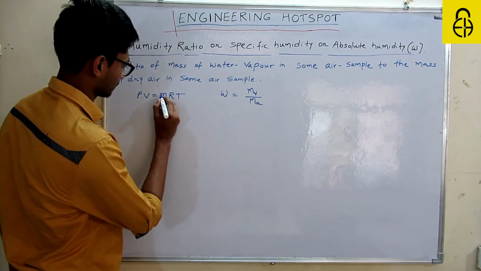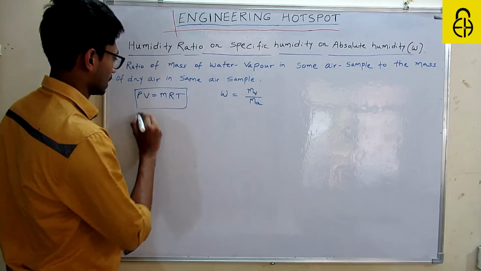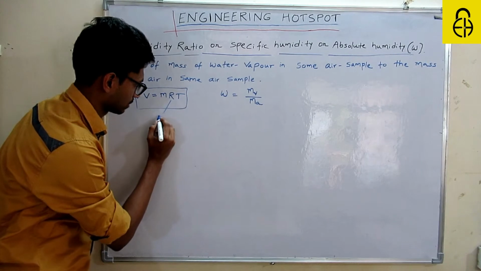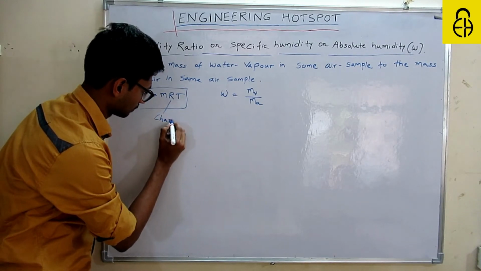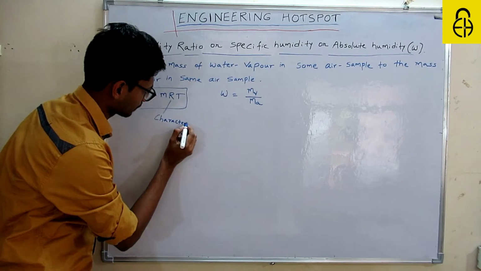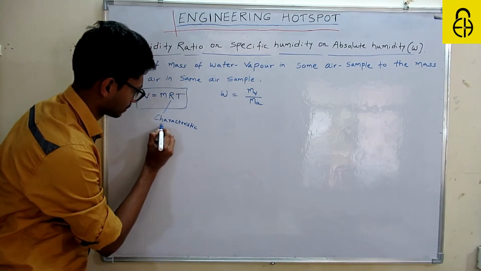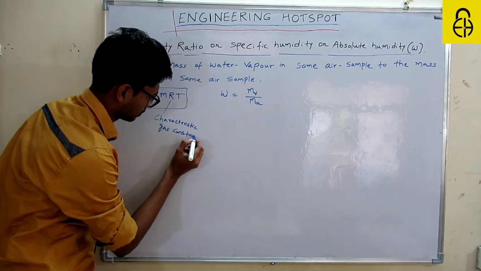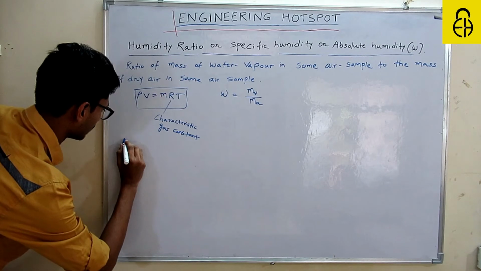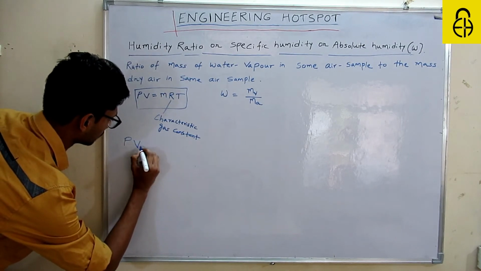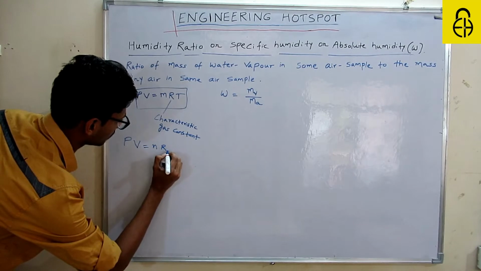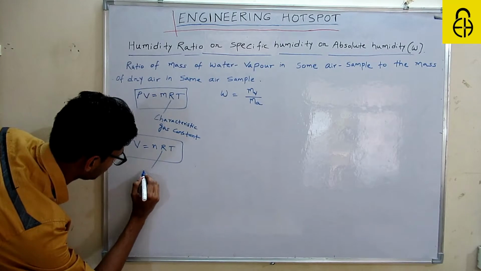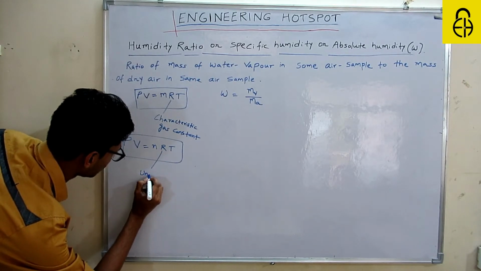But remember friends, I am writing mRT, so here R will be the characteristic gas constant. I hope you all know, when we write PV = nRT, there R is the universal gas constant.